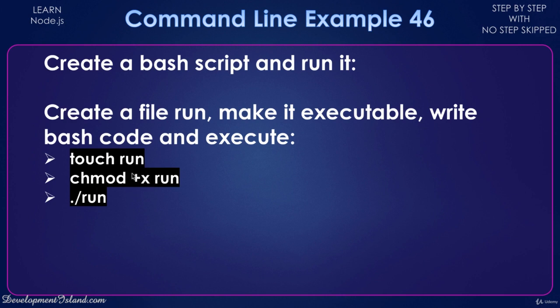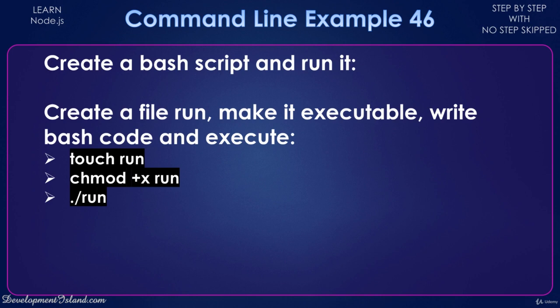If you don't specify the type of user, then +x means that you're adding execution to all types of users. And then the file name. After writing code inside the file, to execute it, it's ./ your file, if you are in the same location or the same folder where the file is located.